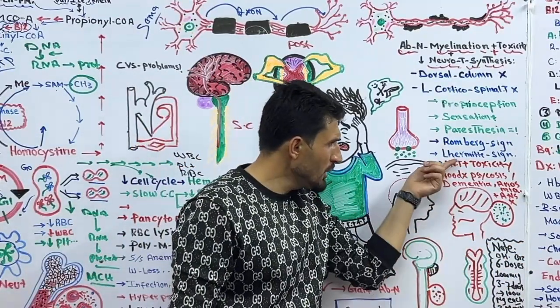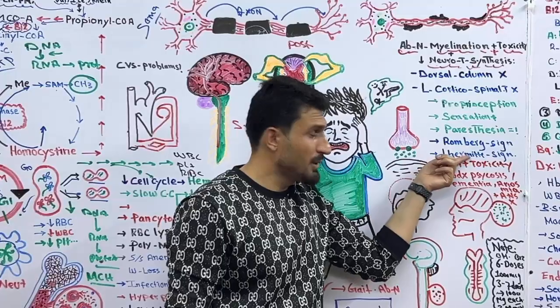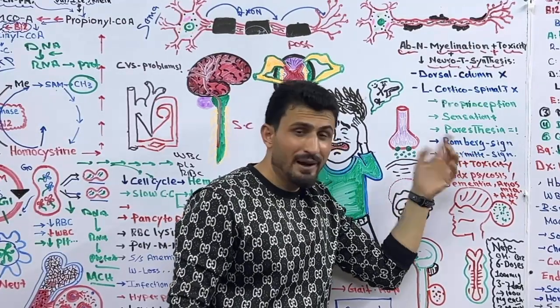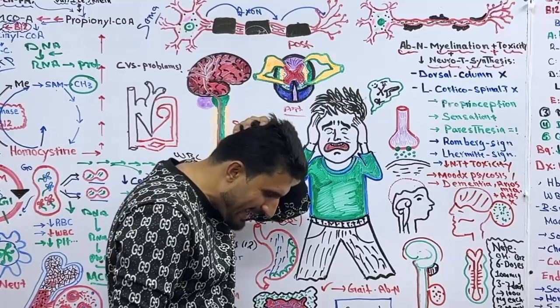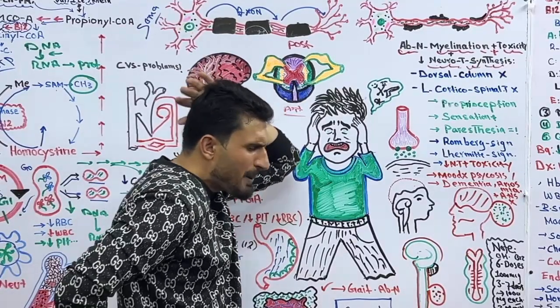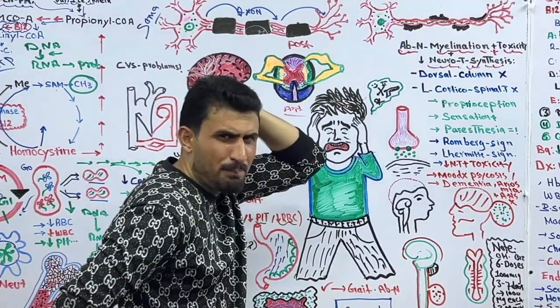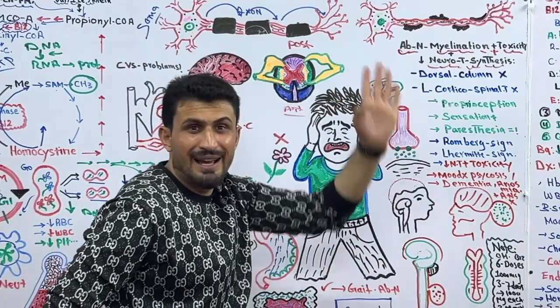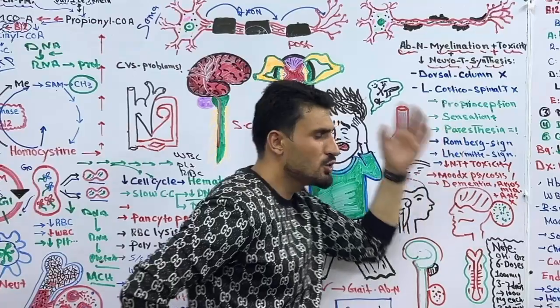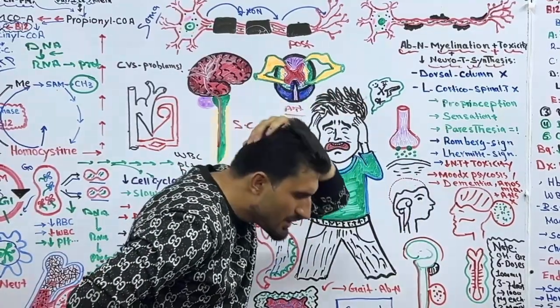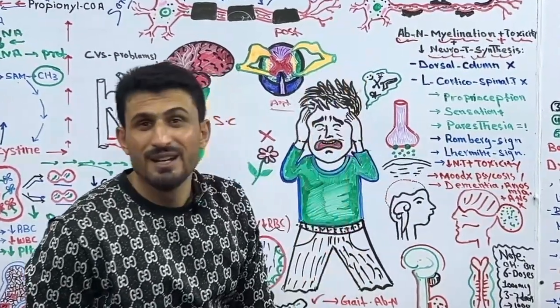Plus, when you bend or flex the head or neck of the patient, the patient will sense sharp pain across his spinal cord, and this is called Lhermitte sign, and this is due to demyelination and degeneration of the different neurons.